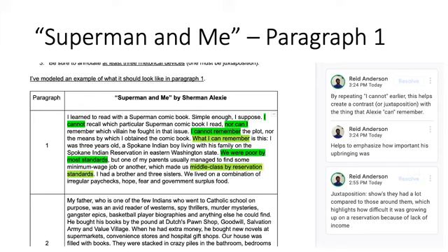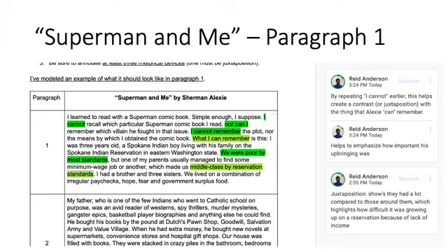All right, so let's jump into it. Superman and Me, paragraph 1. I learned to read with the Superman comic book. Simple enough, I suppose. I cannot recall which particular Superman comic book I read, nor can I remember which villain he fought in that issue. I cannot remember the plot, nor the means by which I obtained the comic book. What I remember is this.